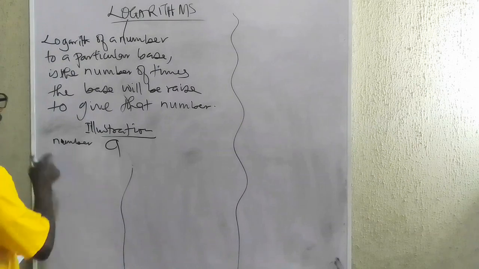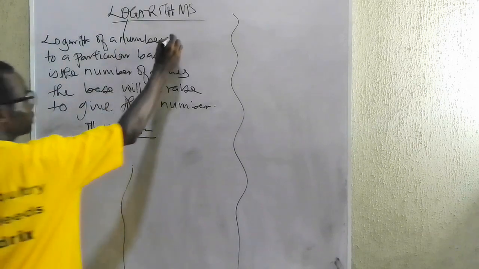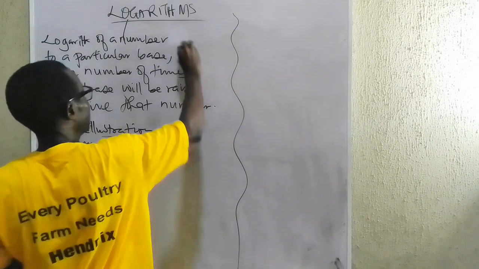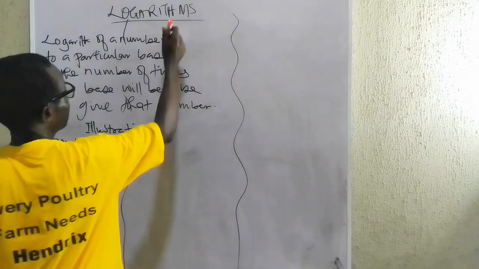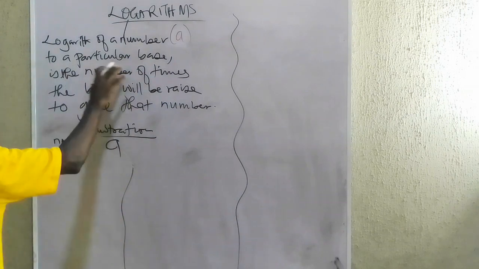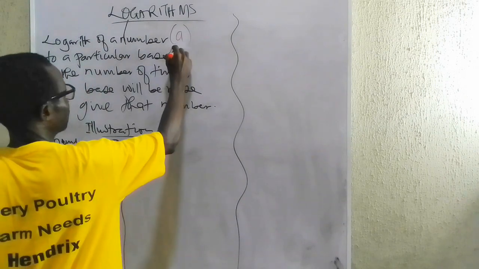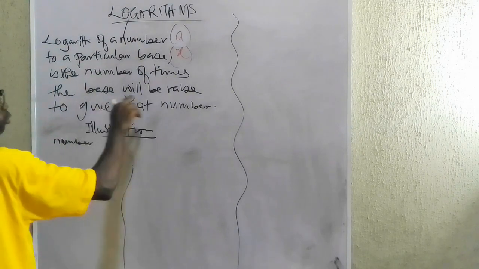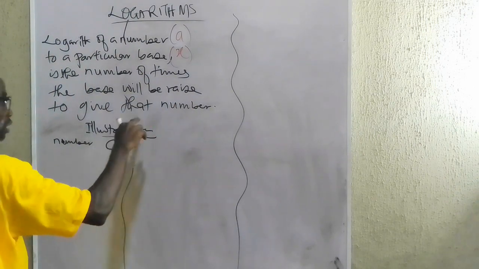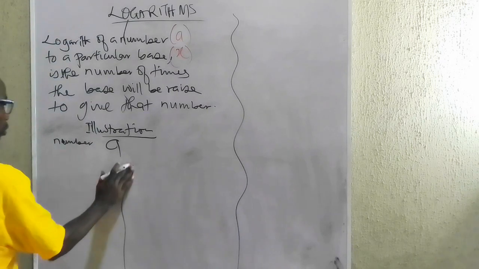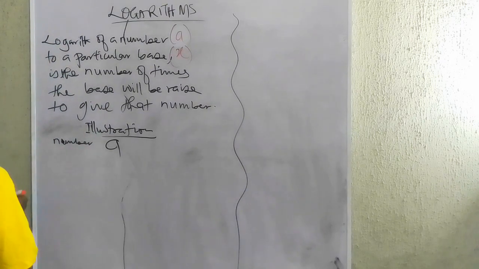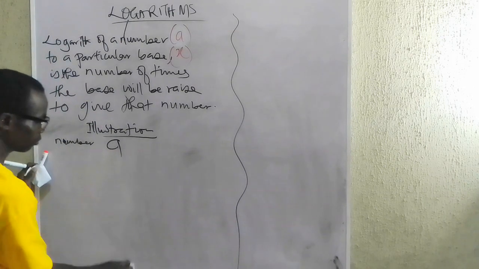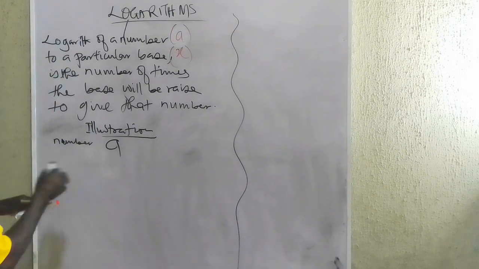The log of a number, let's say A, to a particular base, let's say the base X, is the number of times the base will be raised to give the number. What that means is this.